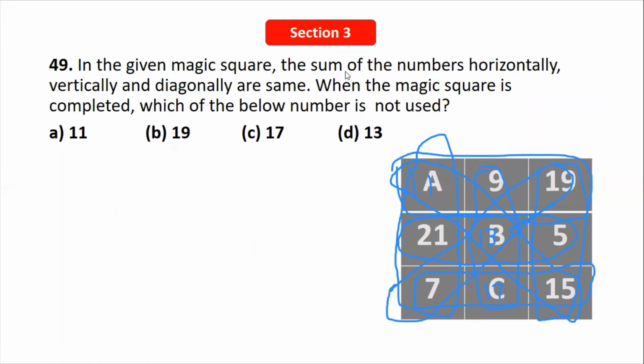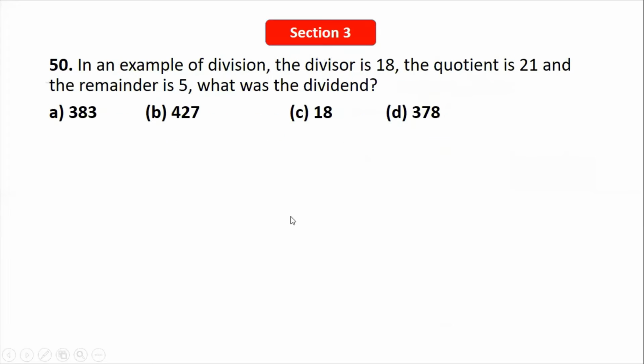This question is the last one. In an example of division, the divisor is 18, the quotient is 21, and the remainder is 5.